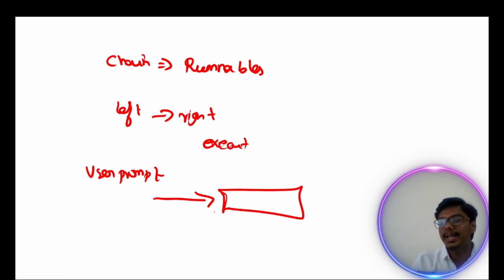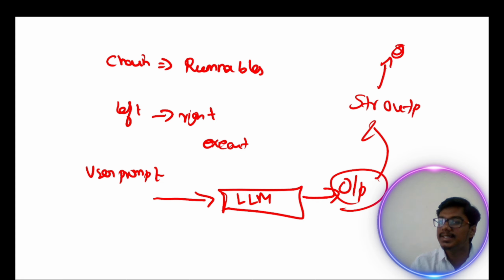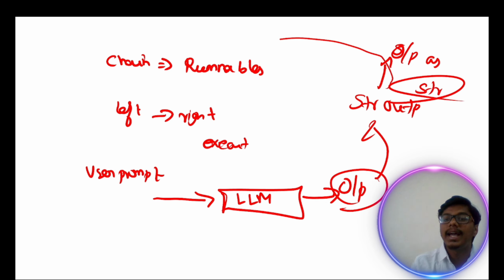It is an executable thing, right? So it is sent to the LLM, and the LLM gives the output. Then I give that output to the string output parser function. After giving it to the string output parser, I get the output as a string, right? So this acts as the runnables.